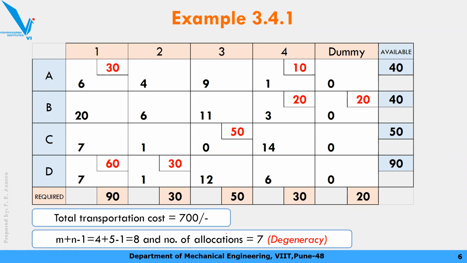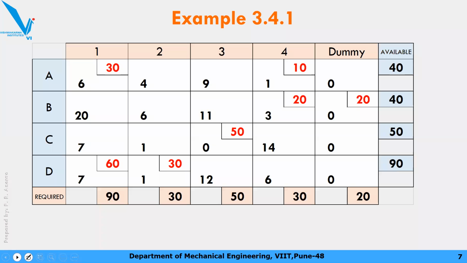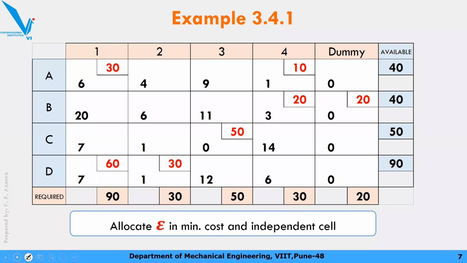देखो, जब भी सप्लाई और डिमांड का प्रॉब्लम आता था, हमने क्या किया, एक डमी लगा दिया just to balance it out. Here also there is a difference of 1. So whenever you face a problem with degeneracy, हम क्या करते हैं, एक डमी allocation करते हैं, which is having number of components equal to epsilon.